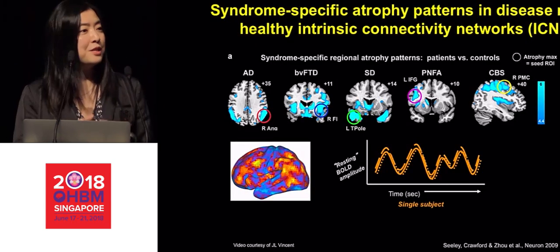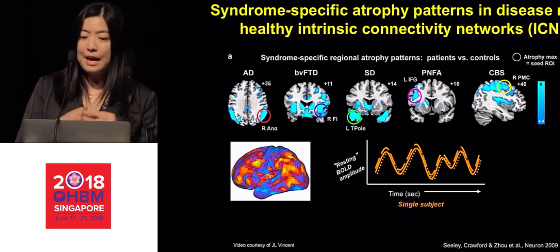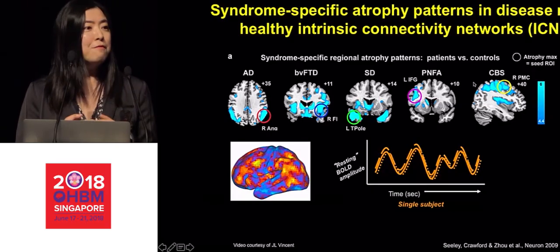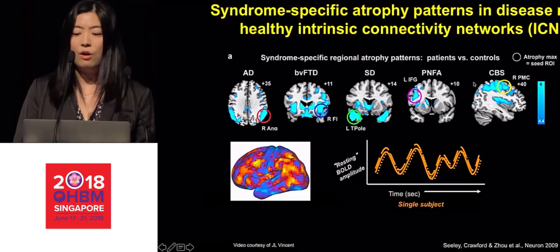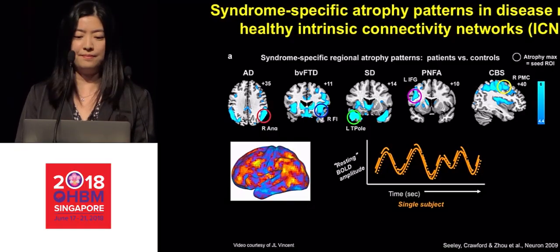The specific question we ask is whether the syndrome-specific atrophy pattern you see in disease mirrors the brain functional connectivity networks, or intrinsic connectivity networks, ICN, in healthy controls.